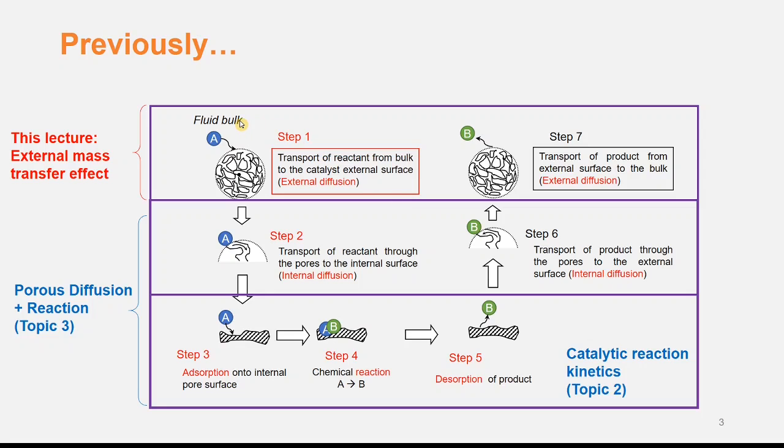In this lecture, we will move out one more step to consider the external diffusion, which links the concentration at the catalyst surface to the concentration in the fluid bulk. We will also start putting this all together to formulate a model of a packed bed catalytic reactor. So instead of just looking at a single catalyst pellet, we will now consider the whole reactor.